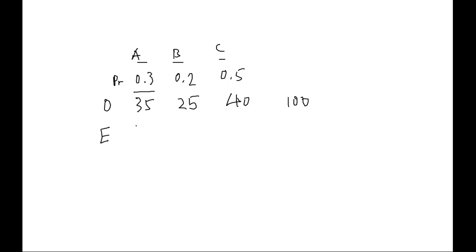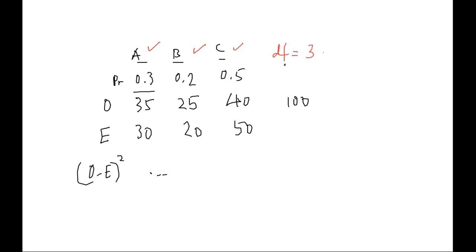So you will get 30, 20, and 50. And then you can calculate your observed minus expected squared and so on. In this case, the number of categories that you have got is 1, 2, 3, so the degree of freedom is 3.